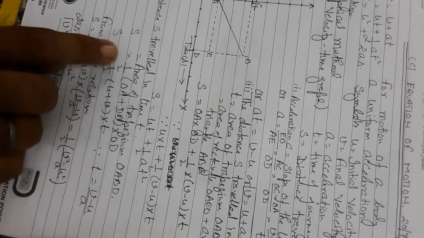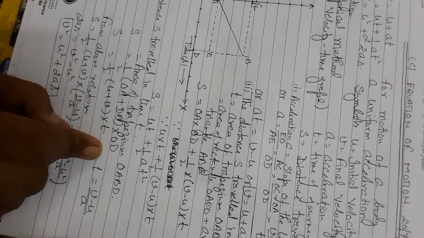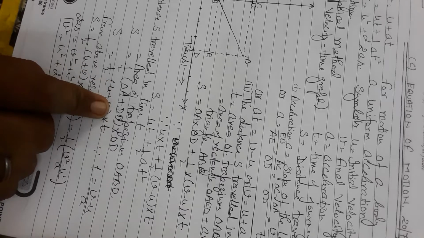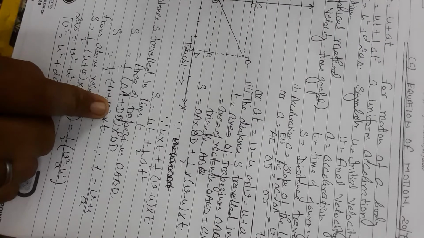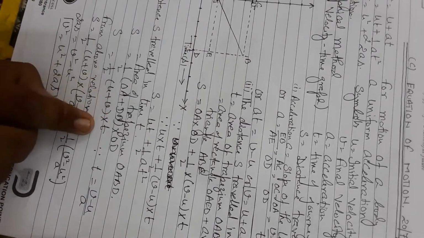The area of a trapezium is half the sum of parallel sides into height. Which are the parallel sides here, children? One is OA and the other is BD. These are the parallel sides, and the height is OD. So half of (U plus V) into T.